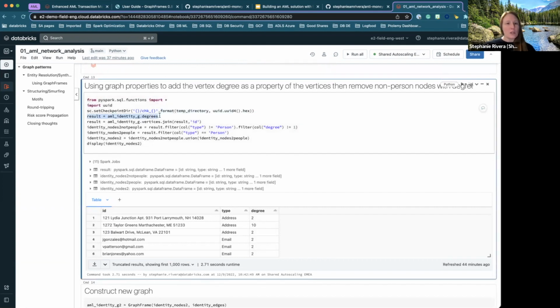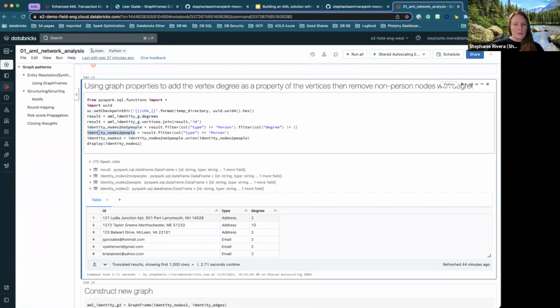So here we have the degrees, which gives us all of the different degrees of the different nodes for all of the different entities, phone numbers, etc. Okay, sorry. We want to make sure that we aren't actually pulling out people, and we're only reducing down the actual attributes. So you can see that's done here. We're not actually pulling out people.